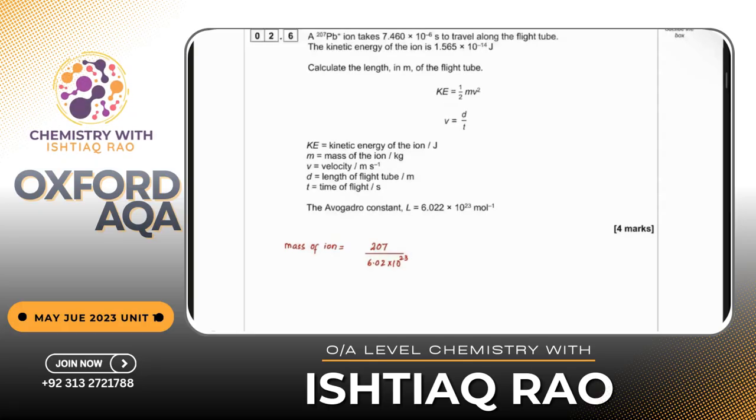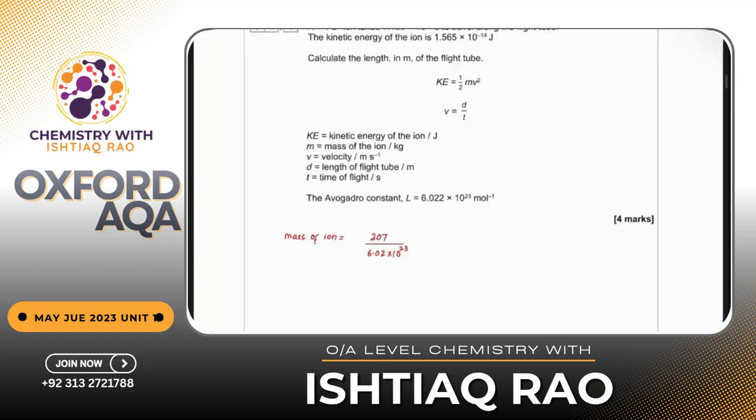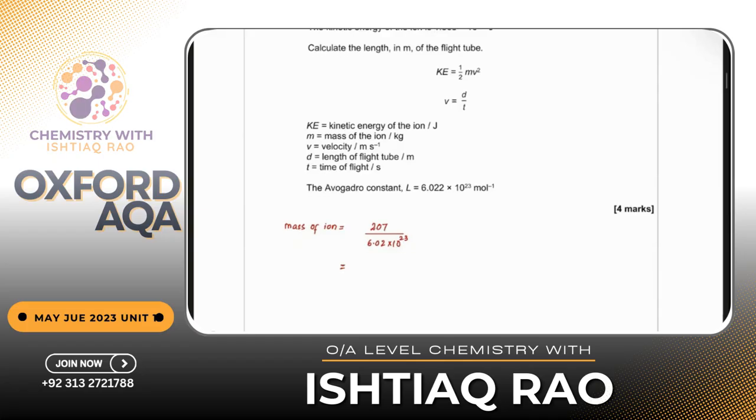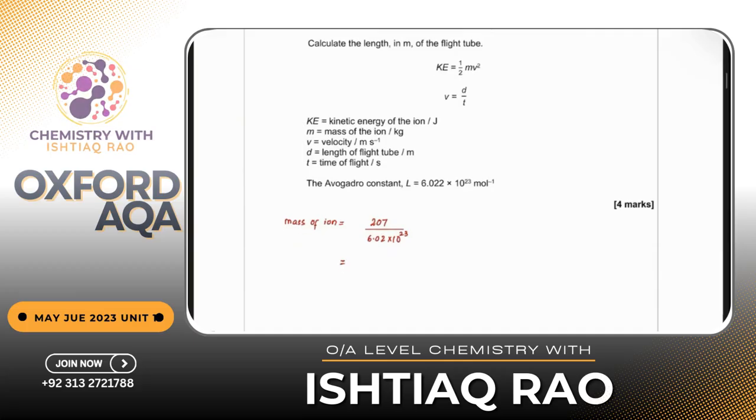They are saying mass of ion in kg, but the answer would be coming in grams. So I have to divide the answer by 1000 because I'm going from grams to kilograms. So directly I can write 1000 over there.